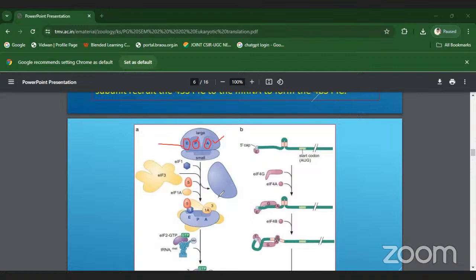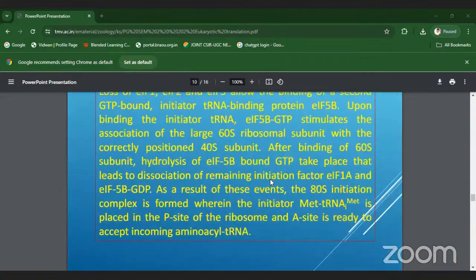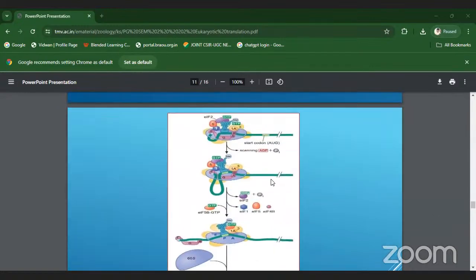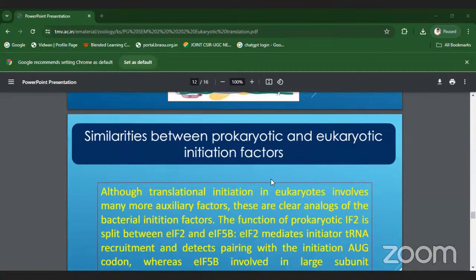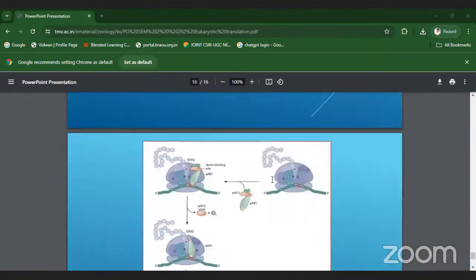Now let's see the elongation process. Premature complex, okay.